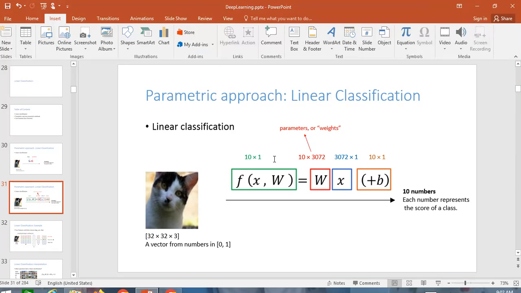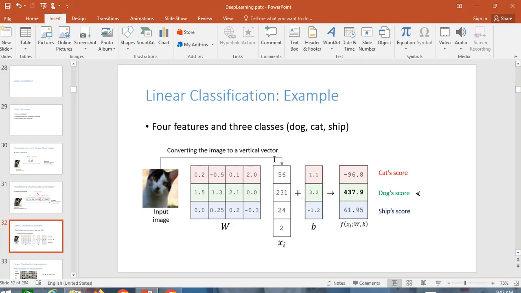The rows, the horizontal lines, correspond with classes, and columns, or vertical lines, represent features here. Here the features are pixels. Never mind where this W came from for now. Suppose a source provided us with this W.